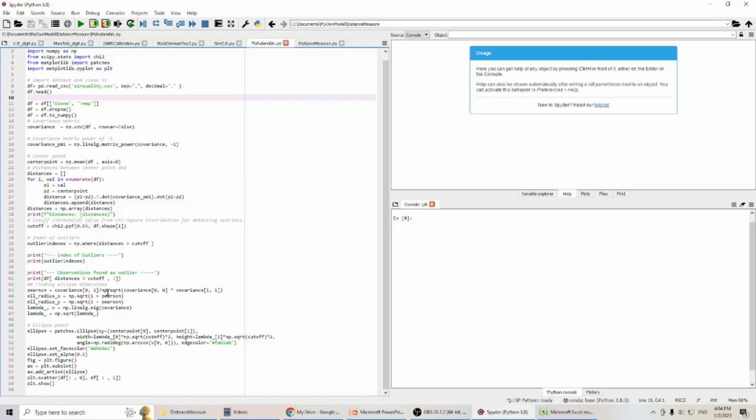And then, after I decide the center of the distribution, I will draw an ellipse and then draw all the data points in order to see all those outliers. Let's run the program.